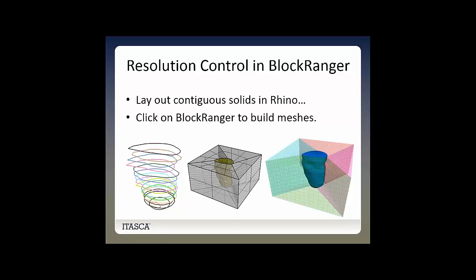I would like to now focus on the two most important improvements in KUBRIX 15. One is resolution control in Block Ranger. Essentially, Block Ranger is a plugin to Rhino.